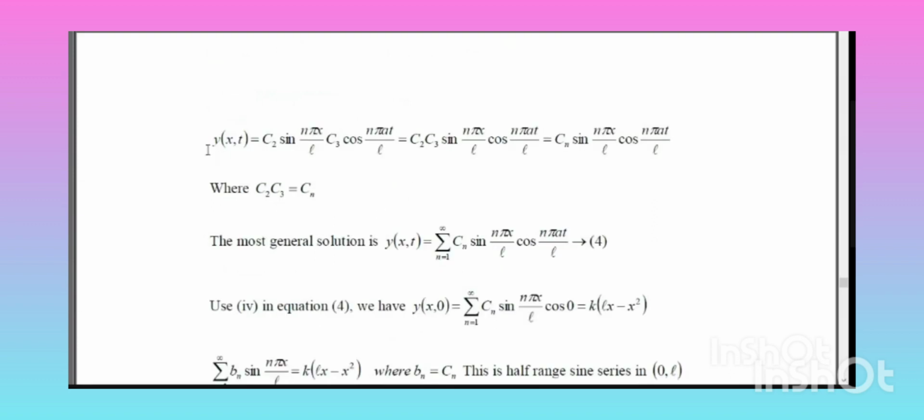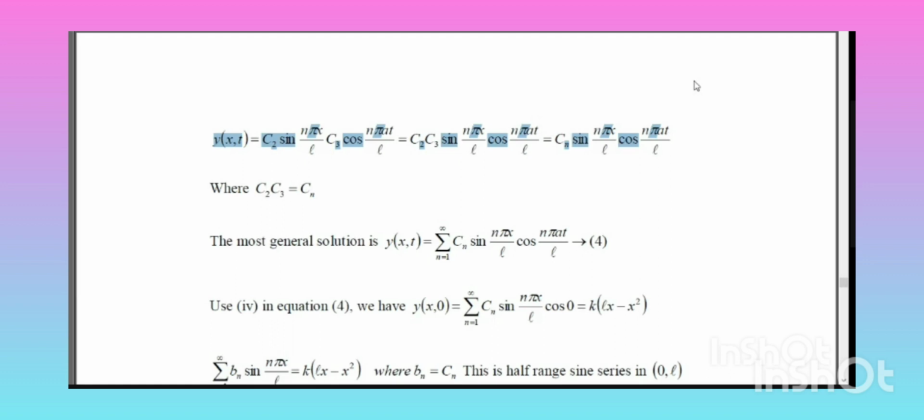So equation number 3 becomes y of x comma t is equal to C2 sin n pi x by L, C3 cos n pi at by L. Here C2, C3 are constants, which is equal to C2 C3 sin n pi x by L cos n pi at by L. What is C2 C3?